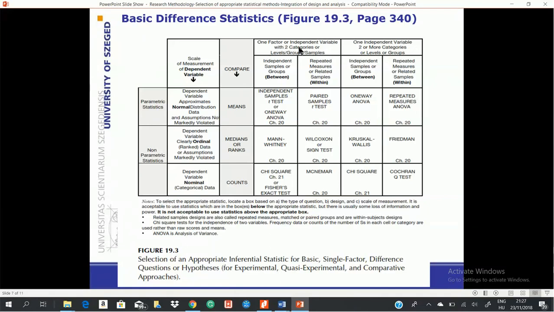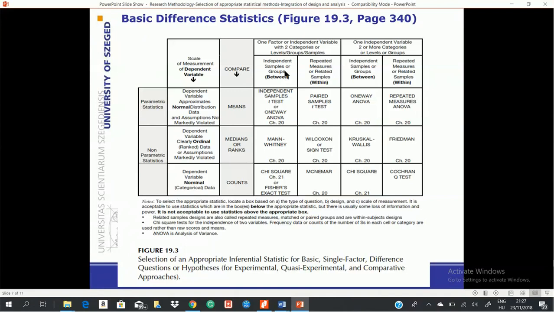One factor or independent variable with two categories or levels, and one independent variable with more categories or levels. Simply, if you have more than 3 groups in the experiment, you can choose this. But if you just have two categories or two groups, you can choose the other.